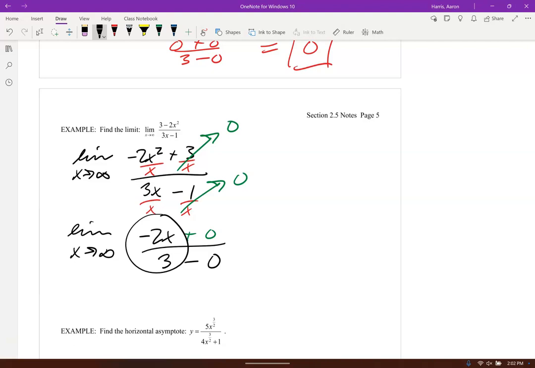Think about that line, if you will. What's that thing doing? That's a slope that's going down, right? So negative infinity. I throw in a huge number here, and because of that negative out front, the negative holds, and I end up with negative infinity. Technically I've got negative infinity over 3, right?